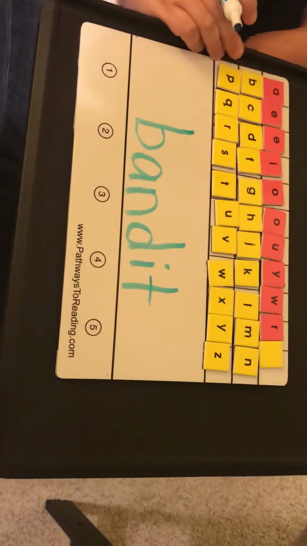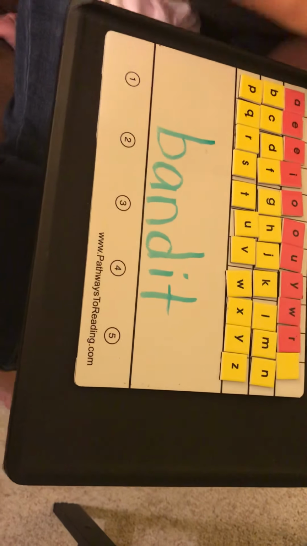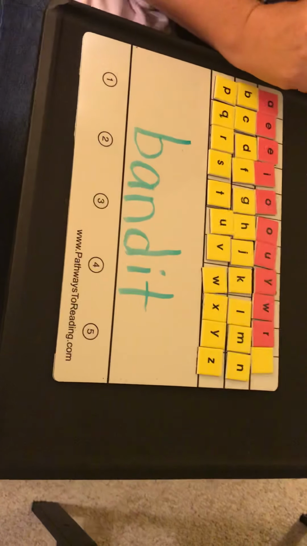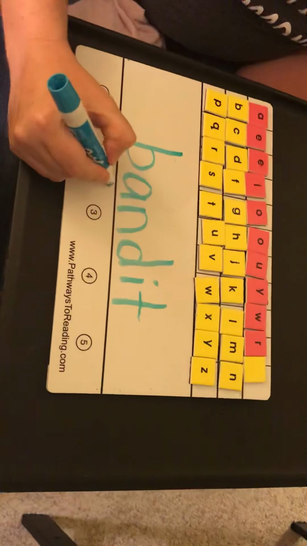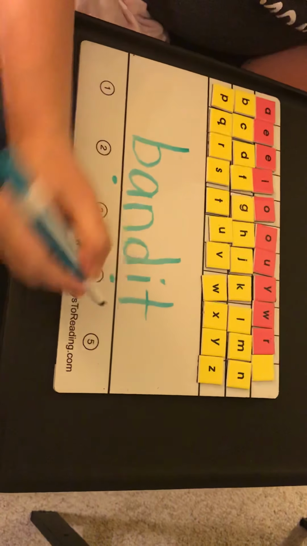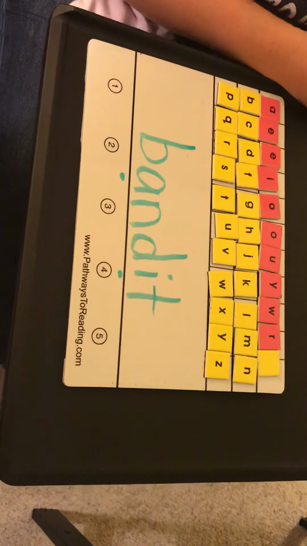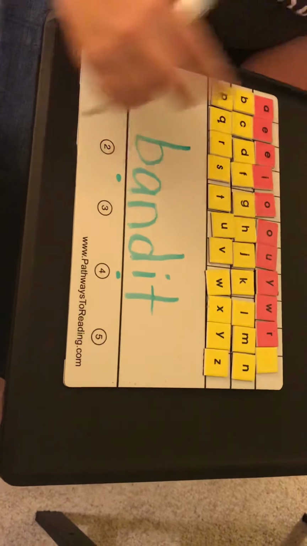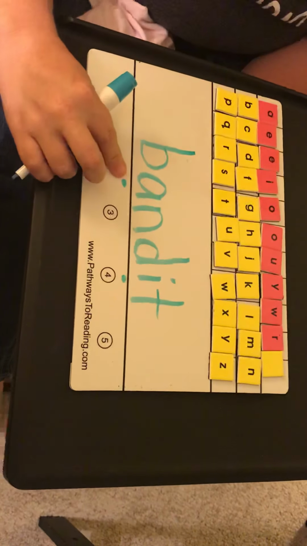We have to spot our vowels. How many vowels do you see in my word? What are they? I see an A, and I see an I. So we know there are 2 vowels. That means 2 syllables.